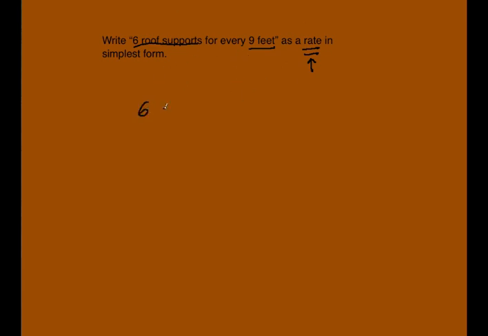So we have 6 supports for every, so this comes first, so it goes on top, and this comes last, so it goes on the bottom, 9 feet. Even though when solving problems, it really doesn't matter which one goes on top and which one goes on the bottom. You'll see it in other videos. So 6 supports, 9 feet. Again, always check if you can simplify.